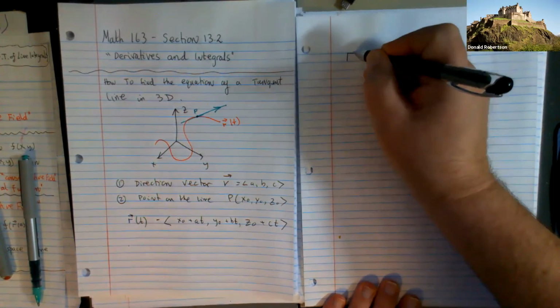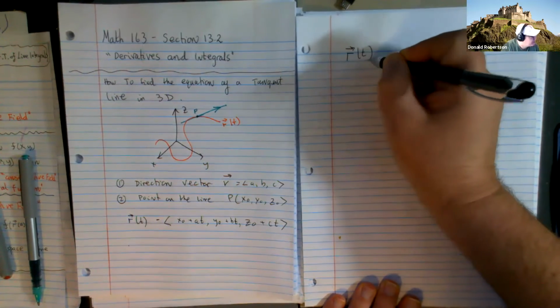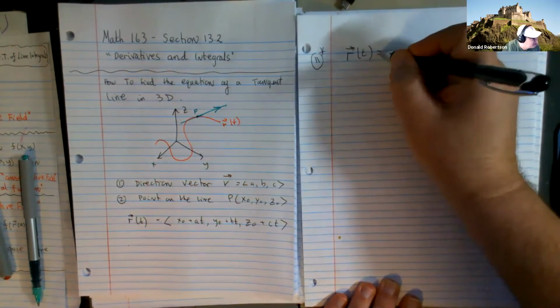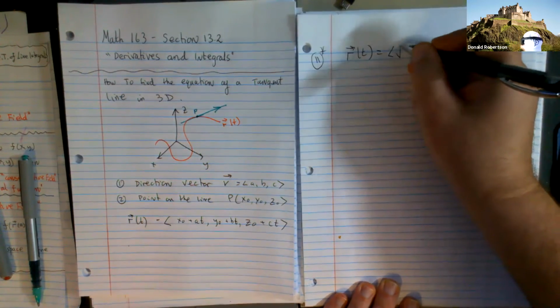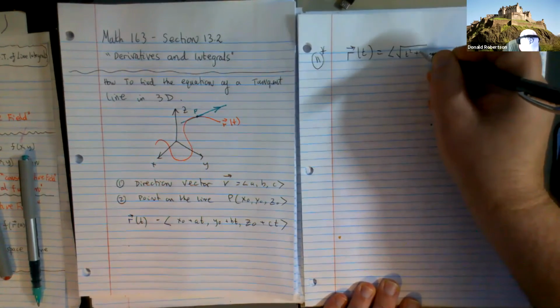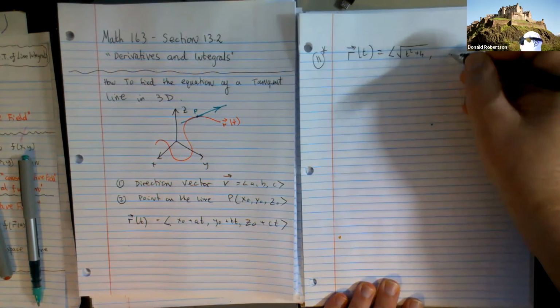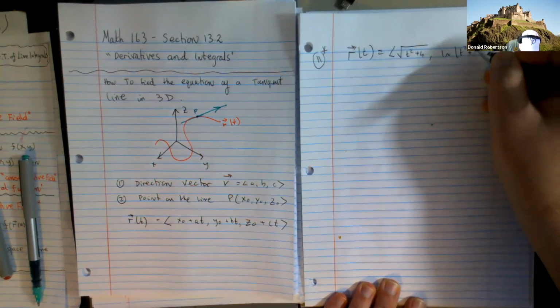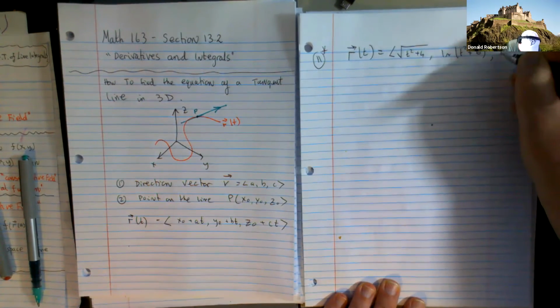So let's suppose we have a space curve. This one is similar to question 11. And the space curve is the square root of t squared plus 4, pretty ugly, the natural log of t squared plus, I don't know, 6, and t.